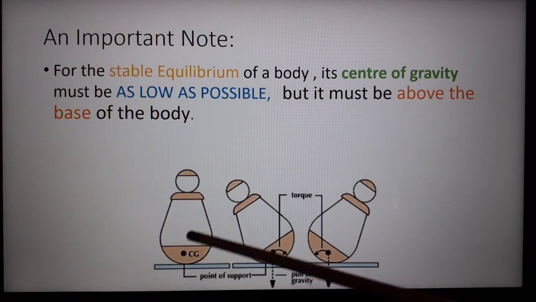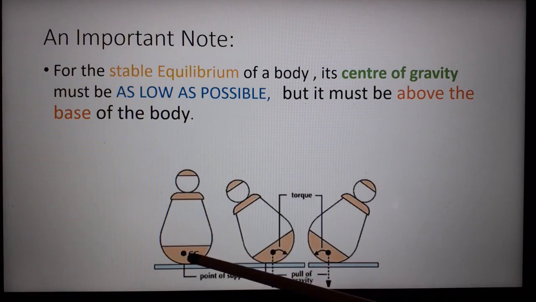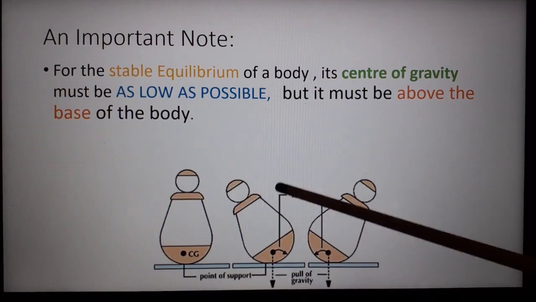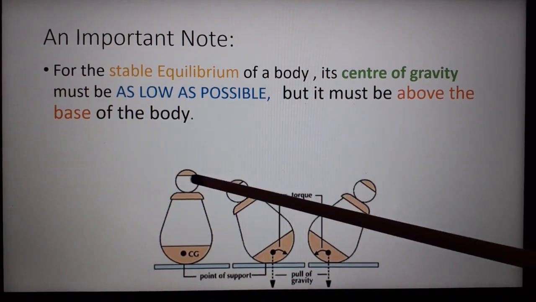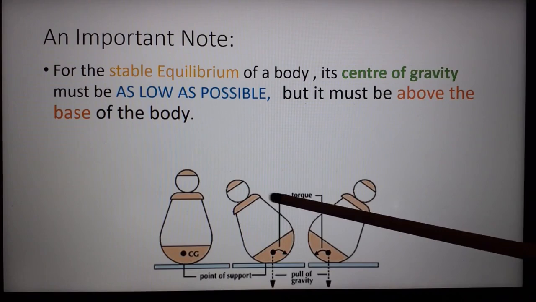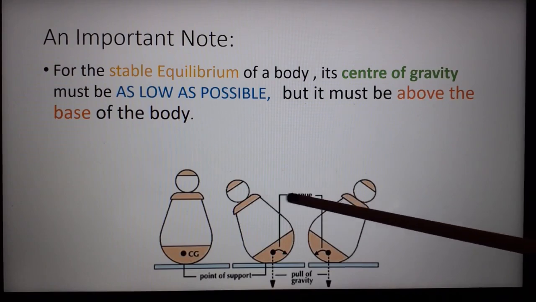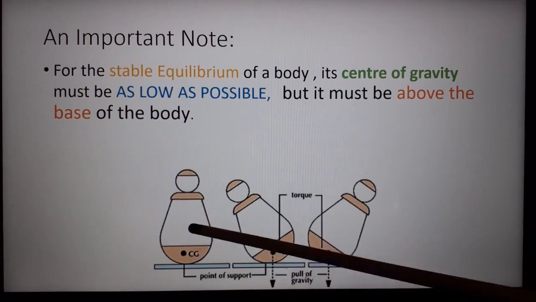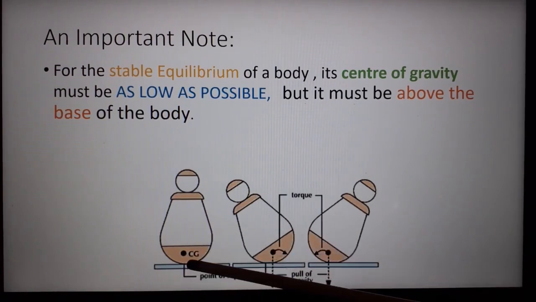So as to lower down the center of gravity so that it can get balanced again and again, right? If we hit this toy, then we will get clockwise and anti-clockwise turning effects, but as the center of gravity is lowered, it will come back to its equilibrium condition.